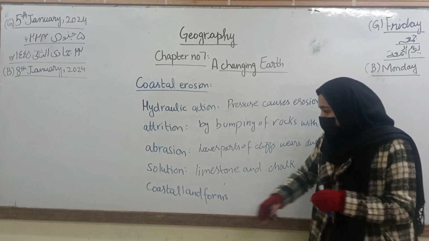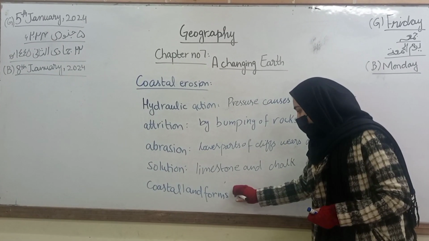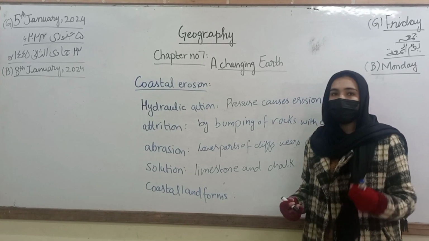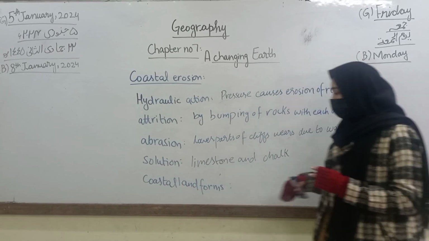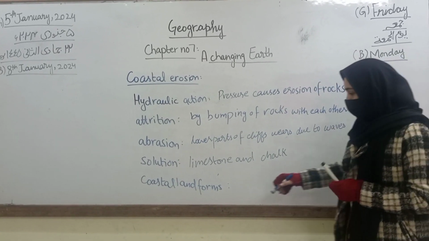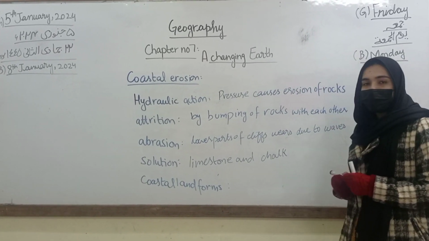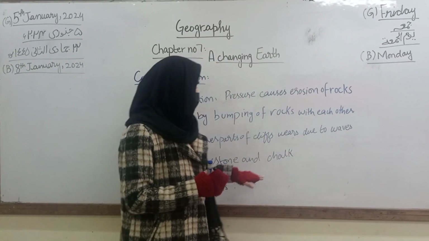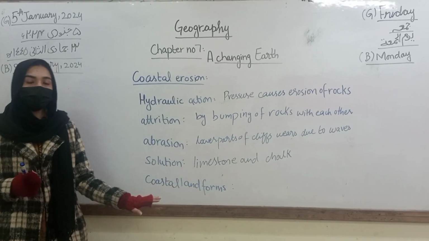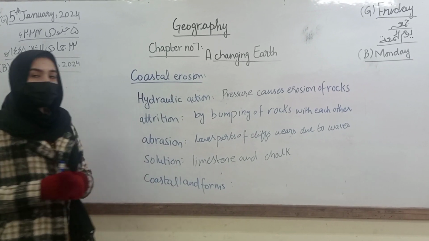So the last one is coastal landforms. How does it happen and how does it cause erosion? Okay, good. So erosion happens when the cracks in the cliffs are faced by forced water. It causes the small cracks in the rocks to become enlarged and form caves.